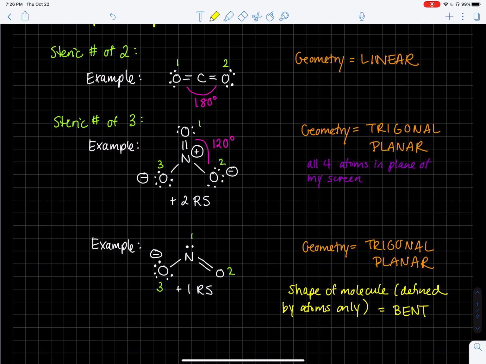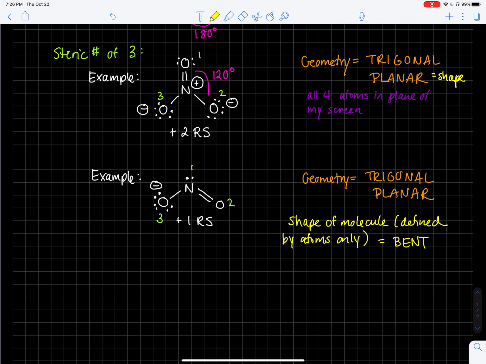And for these 2 examples up here, the shape has the same name as the geometry. When everything is an atom, the shape has the same name as the geometry. Okay. So that's steric number of 3.